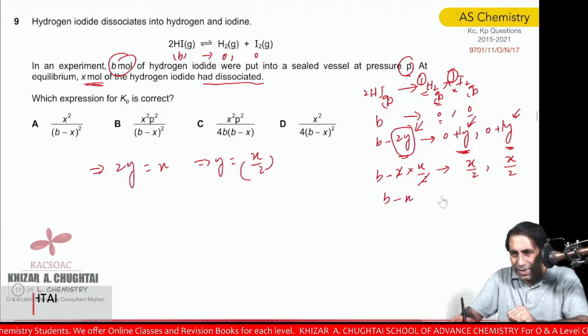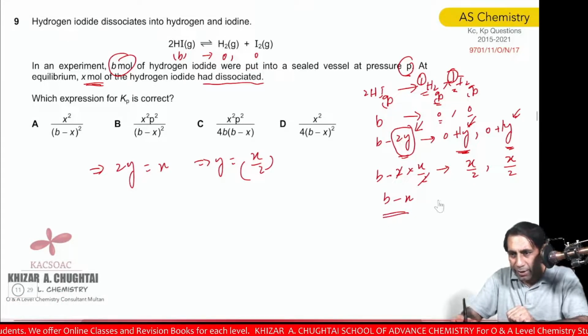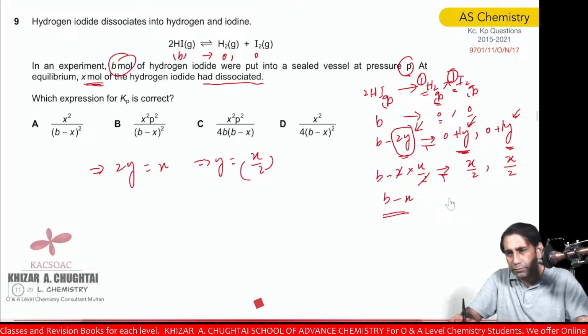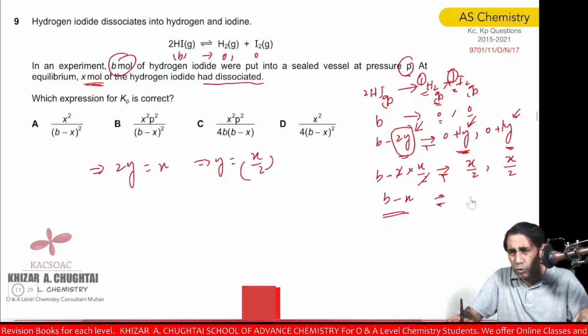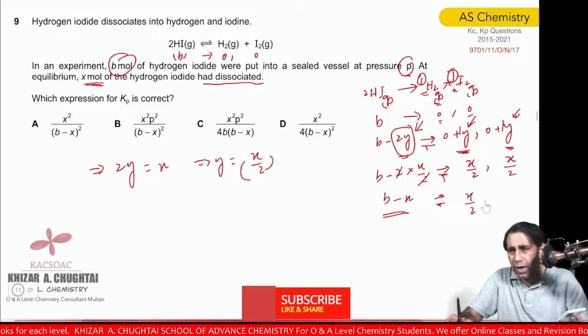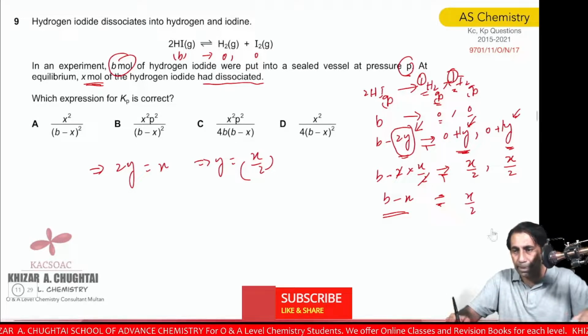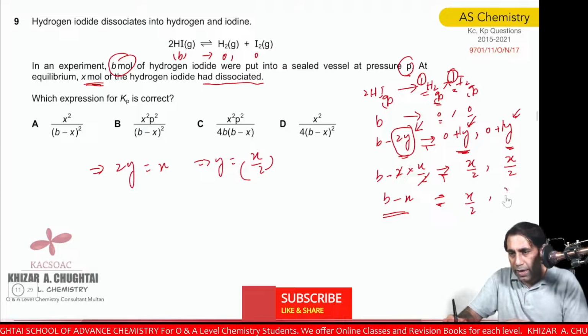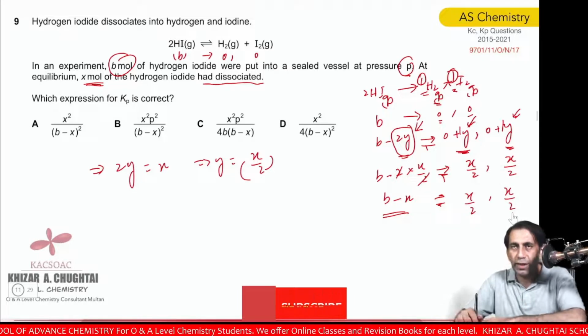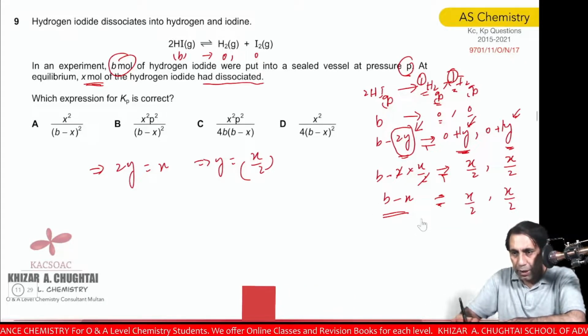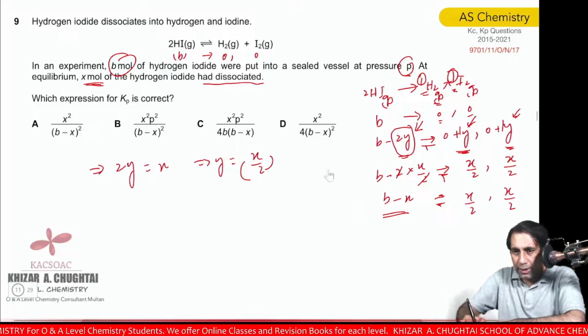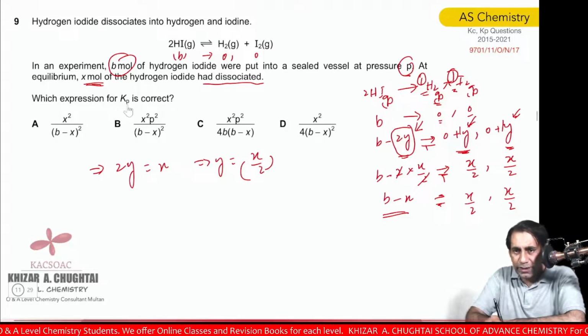So B minus X is the mole of hydrogen iodide at the time of dynamic equilibrium, and X by 2 is the mole of hydrogen at the time of dynamic equilibrium, and X by 2 is the mole of iodine at the time of dynamic equilibrium. Which expression for the Kp is correct?